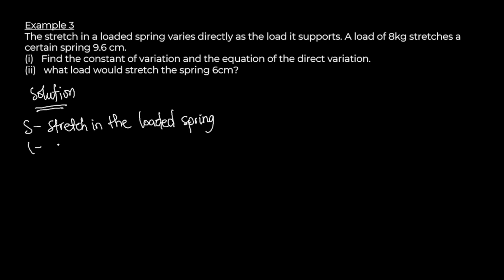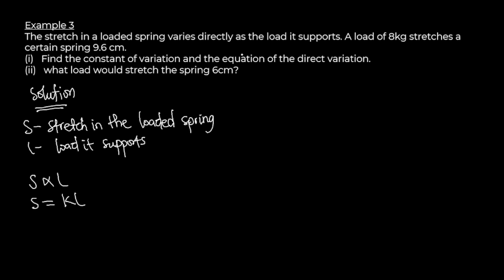So we have L to be the load it supports. From here, we know that the stretch in the loaded spring varies directly as the load it supports. So which means our S is now equal to KL from our statement above.